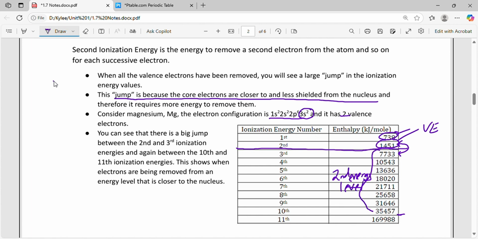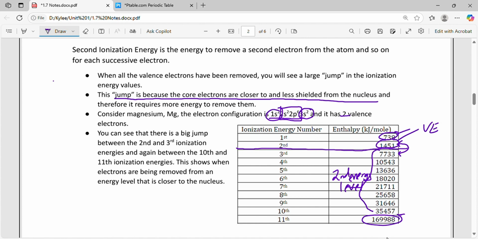Those are bigger because they are closer to the nucleus. But once I've lost those 8 that are in the second energy level, now I'm really close to the nucleus, and that's why I have such a large value for that 11th electron. And 12 isn't on here, but if I lost the 12th electron, then it would be really big.